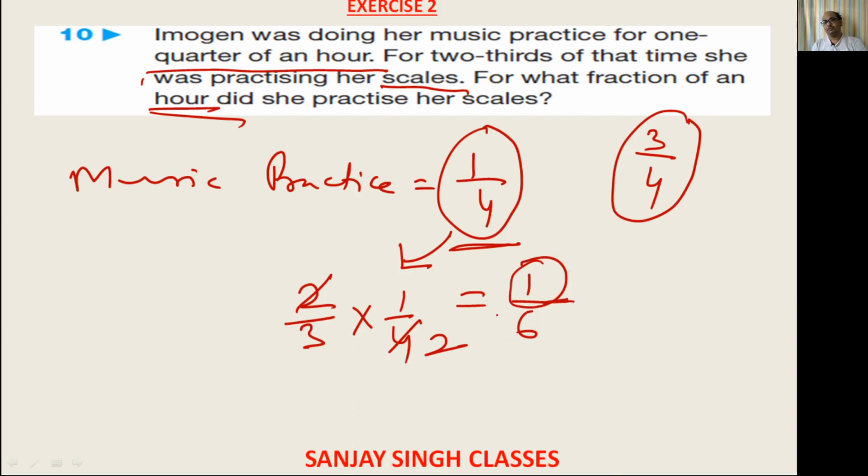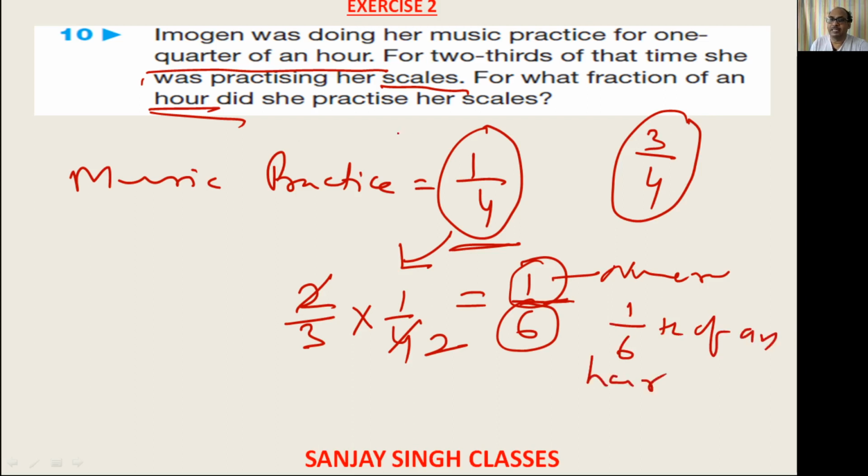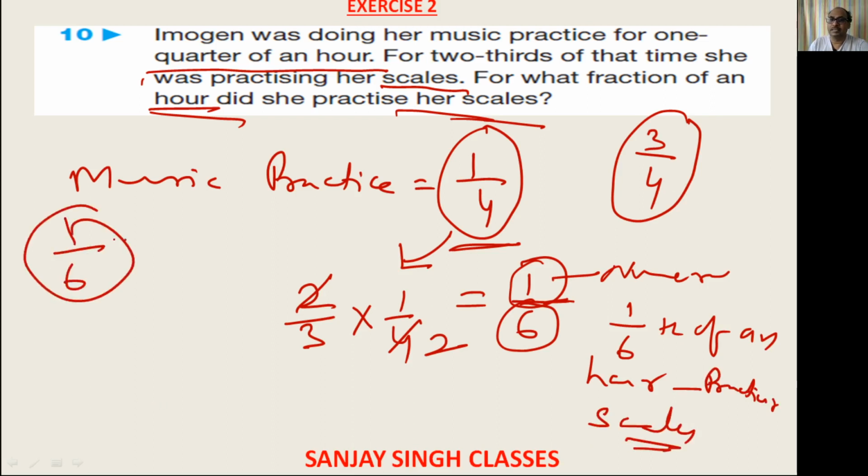The denominator will tell you what fraction of that particular part as a whole. So you can say that 1 by 6 of an hour she is practicing scales. So our answer will become 1 by 6.